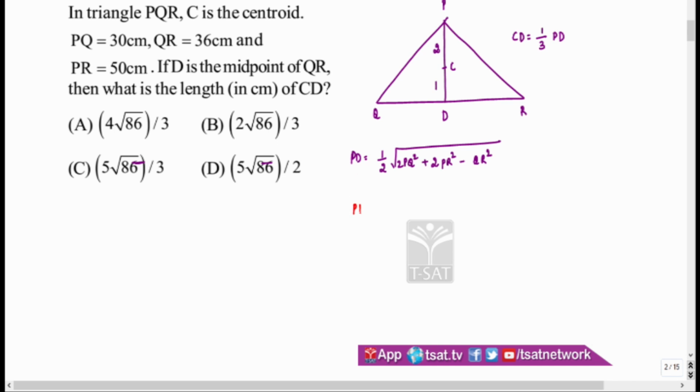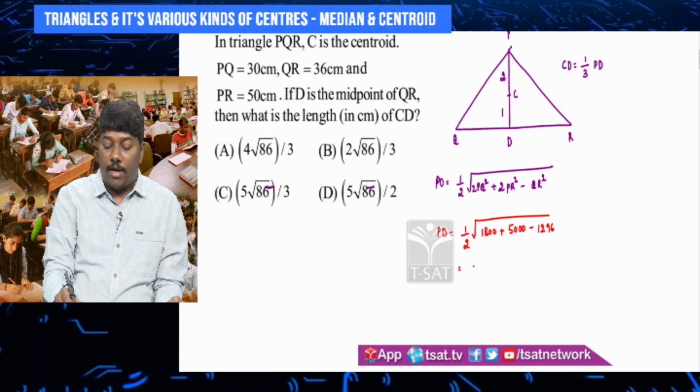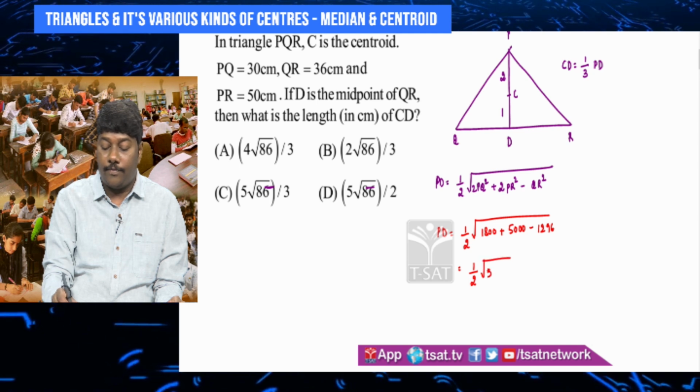PD is equal to half of the square root of 2 into 30 square, that is 1800, plus 2 into 50 square, that is 5000, minus QR square 36 square, that is 1296. 1800 minus 1296 is 504. Half of the square root of 5000 plus 504 gives you 5504.